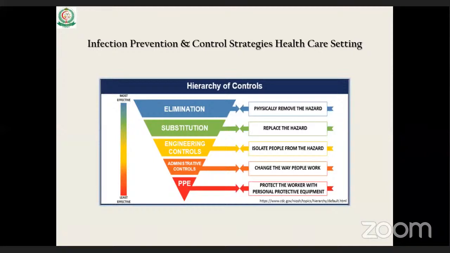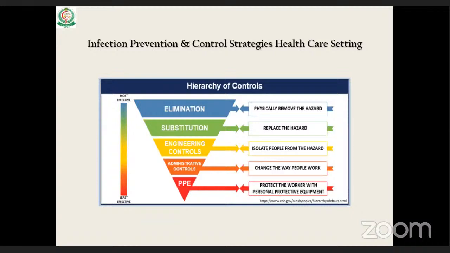I'll move now to the infection prevention and control strategies in healthcare setting. This hierarchy of control, probably known to some of you, is not applied only to infectious diseases, but also to any hazards. So usually we start by implementing the most effective measure, elimination.